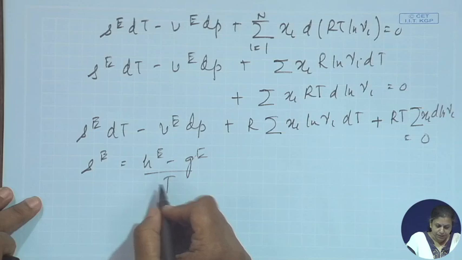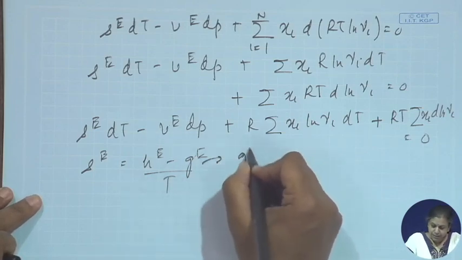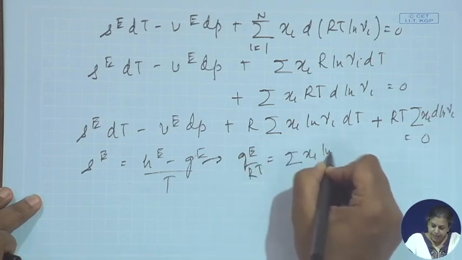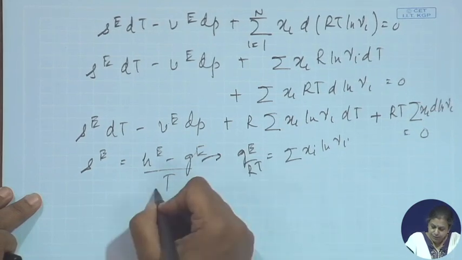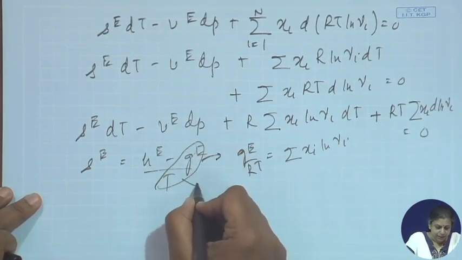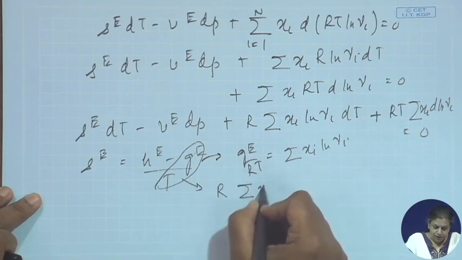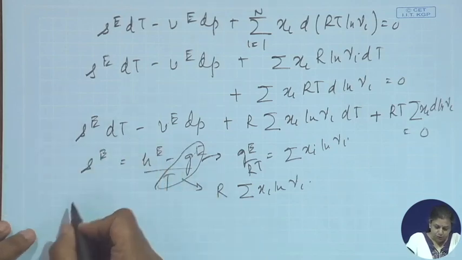We have already done it. What is this GE? Again, I would like to recollect GE by RT is equal to sigma xi ln gamma i. So, therefore, can this particular term GE by T not be written down as R sigma xi ln gamma i? Let us substitute it here. What do we get?